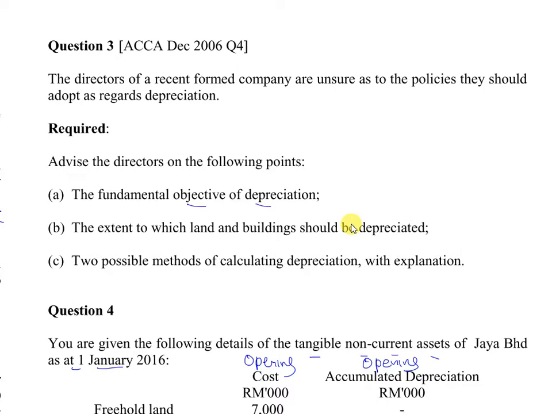Depreciation over 10 years. So we want to match the income together with the expenses. Otherwise, income, no expenses, no matching. Earn 10 years, match with 10 years of cost, which is depreciation. So the two possible methods will be straight line and reducing. Answer.